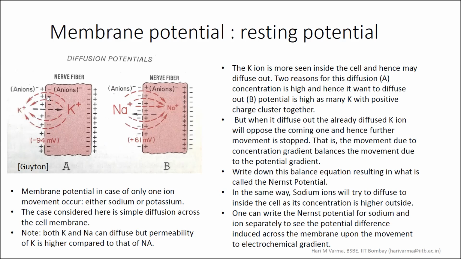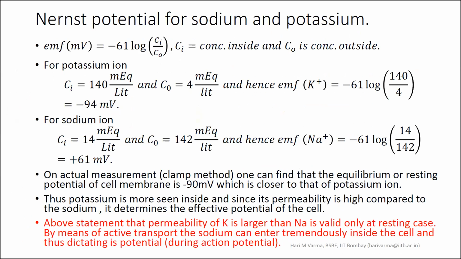So I can calculate the Nernst potential assuming that only potassium is going here and sodium is not present. Similarly, I can calculate the Nernst potential for the sodium case assuming that potassium is not present. If you do it independently, assuming that the other is not present, you can use the Nernst potential, which is the voltage induced by this movement due to concentration gradient or simple diffusion, equal to minus 61 log Ci by Co, where Ci is the concentration inside and Co the concentration outside.